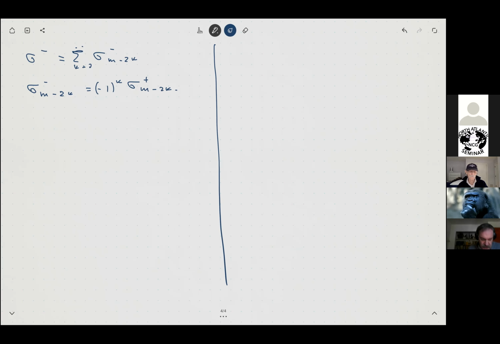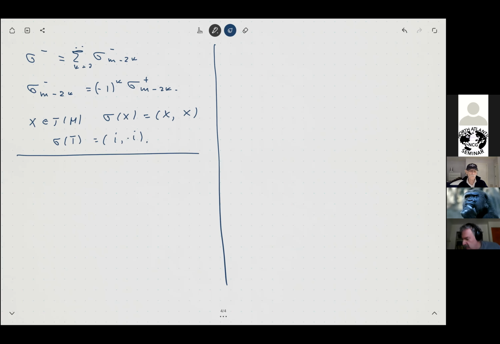So for example, if x is tangent to h, its symbol will be the pair x, x, and this will be the symbol for the operator t.